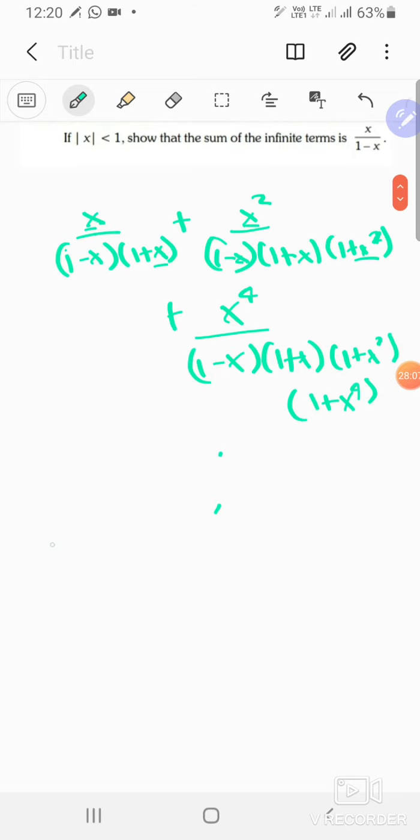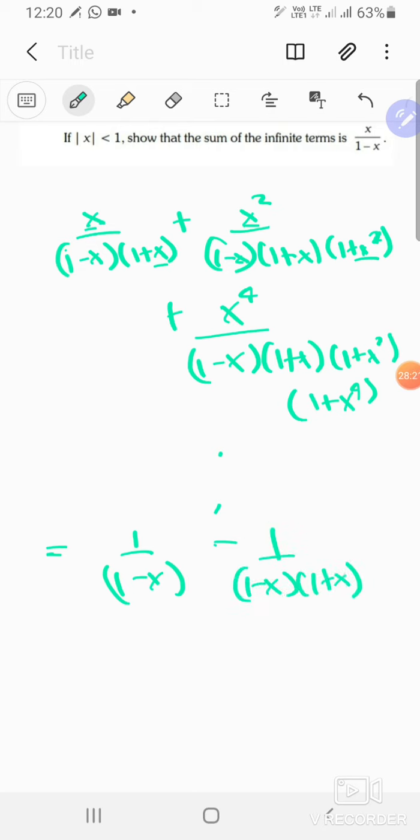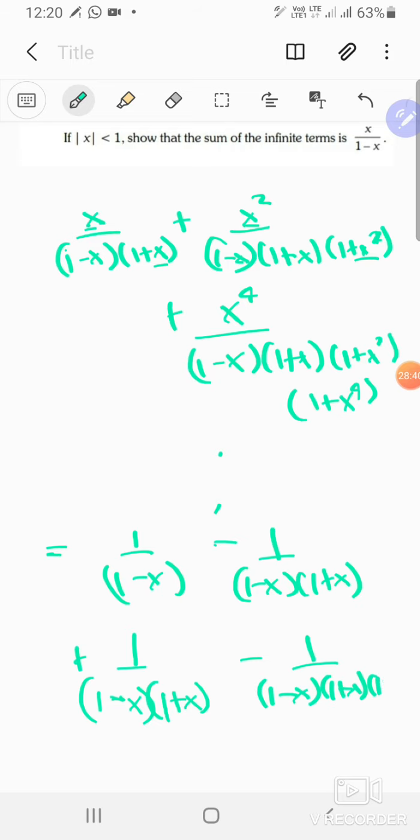So now we know how to telescope these sums. I can write x as 1 plus x minus 1, so that will give me 1 upon 1 minus x, but minus 1 will give me minus 1 upon 1 minus x into 1 plus x. Okay, cool. And then x squared can be written as 1 plus x squared minus 1, so that is plus 1 upon 1 minus x into 1 plus x, minus 1 upon 1 minus x into 1 plus x into 1 plus x squared.